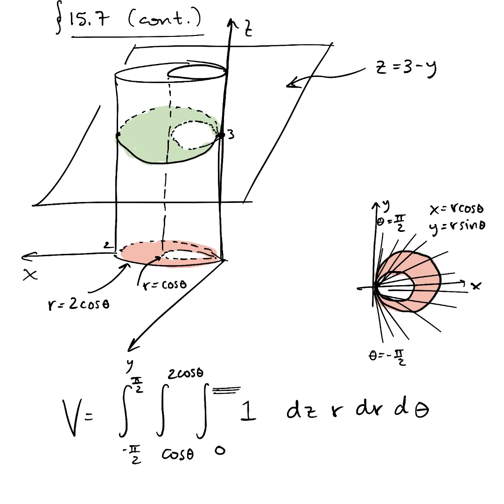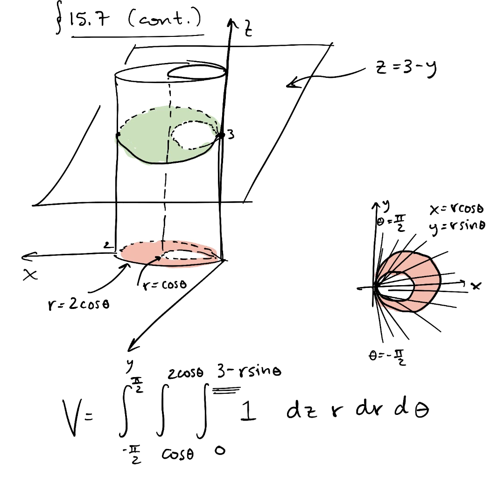So z equals 3 minus y, for the purposes of this problem, is z equals 3 minus r sine theta.